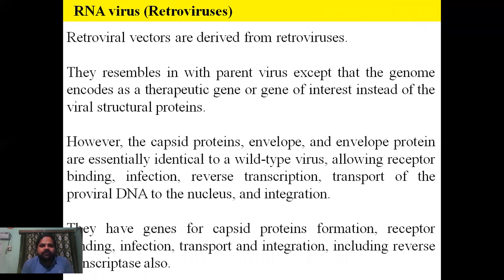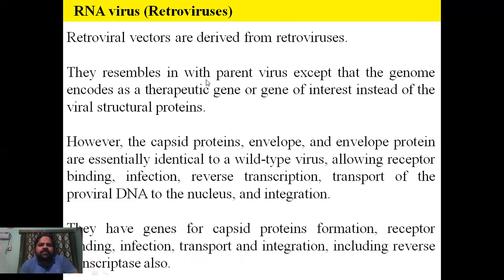Another example of a vector is the RNA virus, or retrovirus vector, or the genome of a retrovirus we can utilize in the genetic engineering process. So retroviral vectors are derived from retroviruses. And what are retroviruses? The viruses having a genome made up of RNA only.